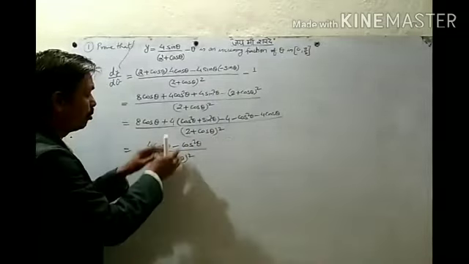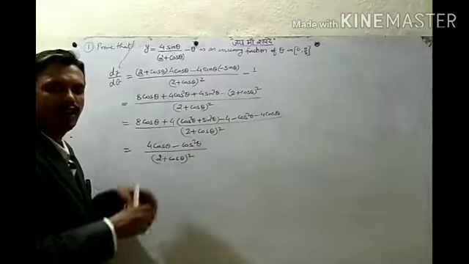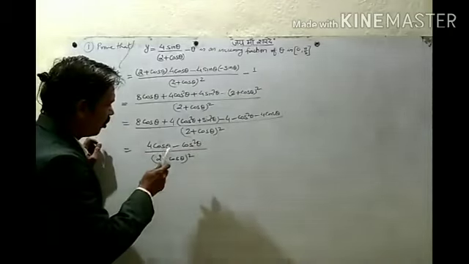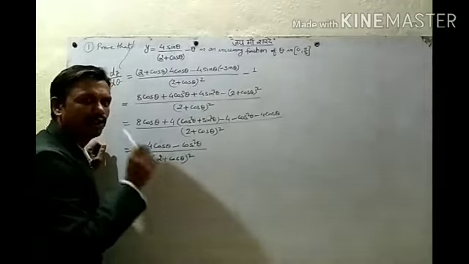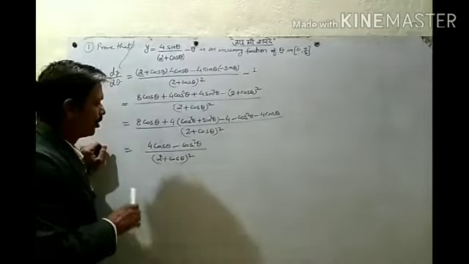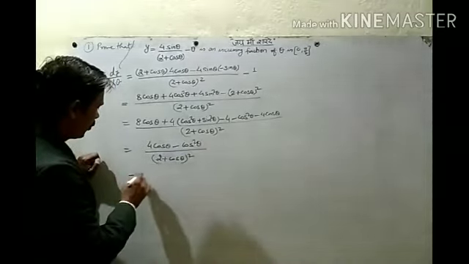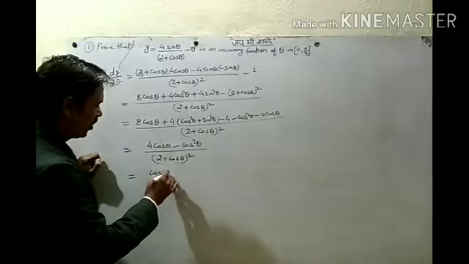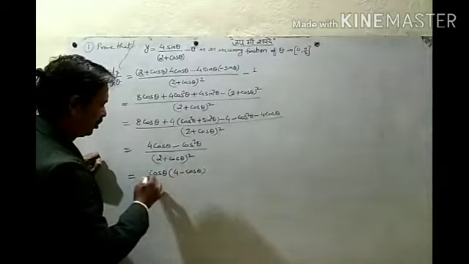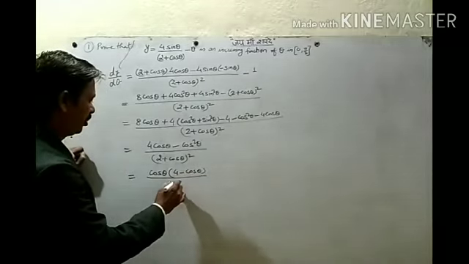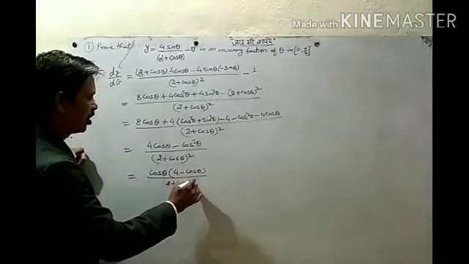Its sign will be negative or positive. We only have to find the sign. We don't need its value. So what we can do here, if we take cos theta common, then we get 4 minus cos theta divided by 2 plus cos theta whole square.